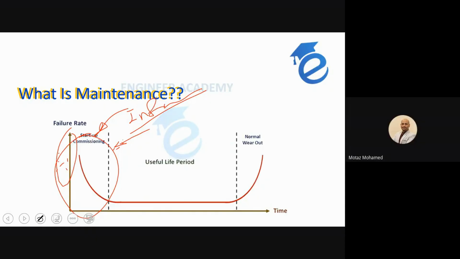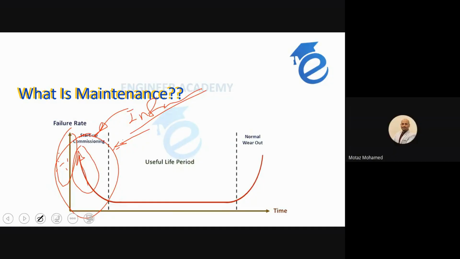If you have new installed equipment, of course you may get wrong installation, wrong selection, still need some adjustment for normal operation. All of this increases the probability of failure. That's why the curve in this area has a high probability of failure.